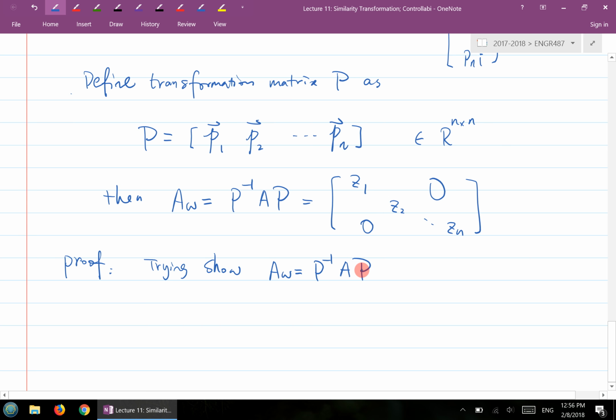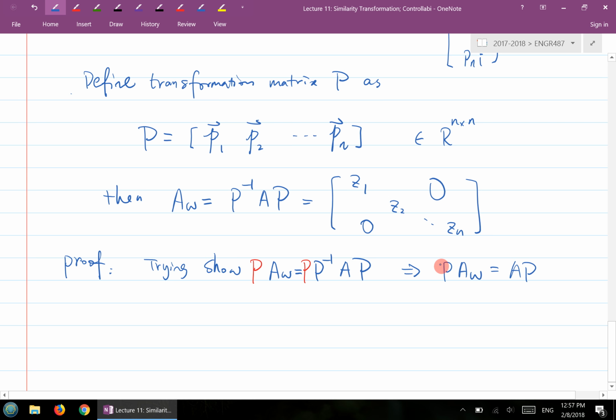Trying to show this is equivalent to, if I multiply both sides by P, showing this other form instead. If I can show this one here, then I have basically proved the original one.